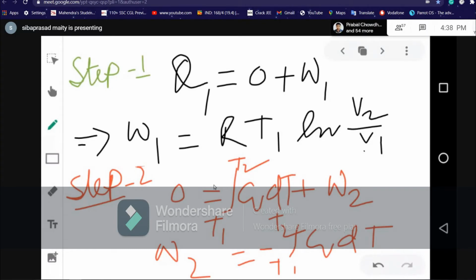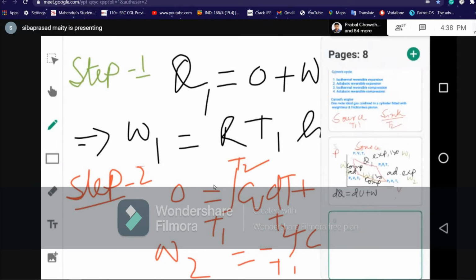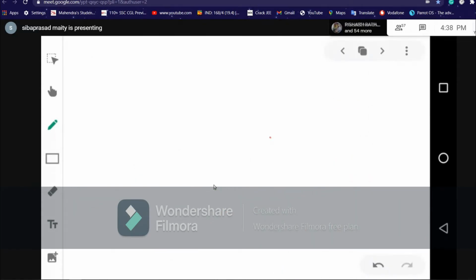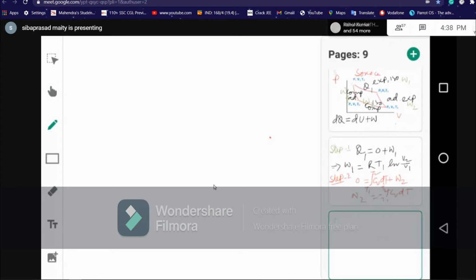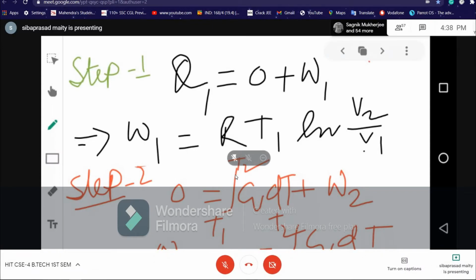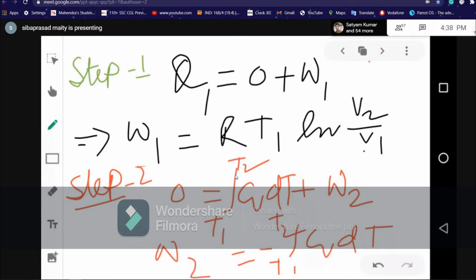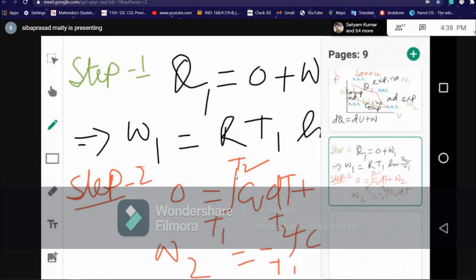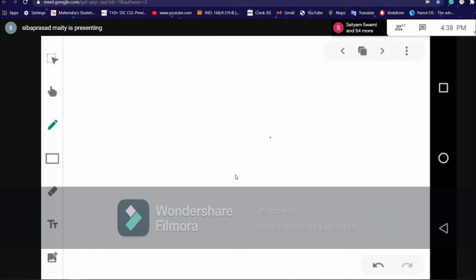Now, W3, what is the process? Isothermal compression. That's step 3.